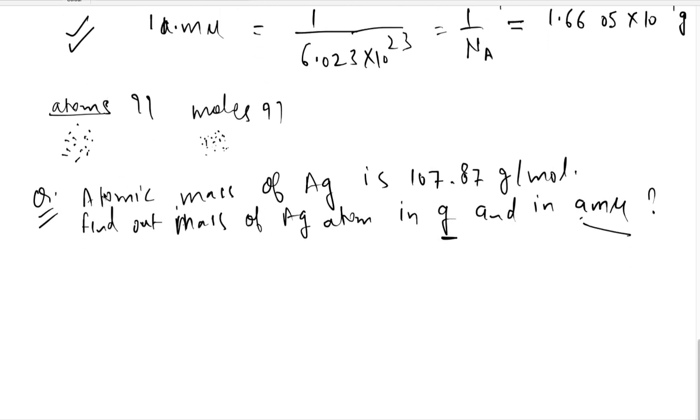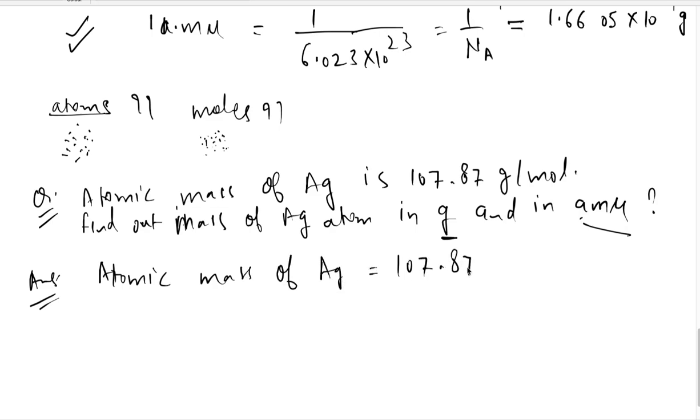The first information provided to us is the atomic mass of silver. What does it mean? It means the atomic mass of silver element is 107.87 gram per mole. It means the mass of 1 mole of silver is this much.